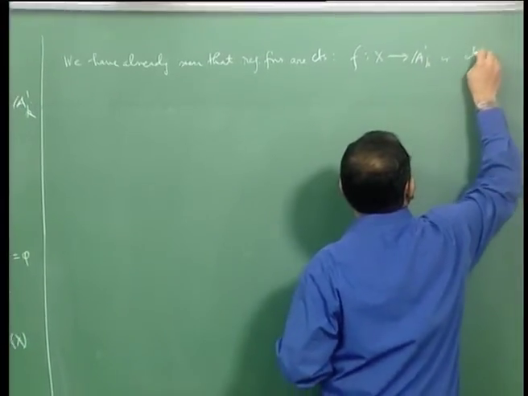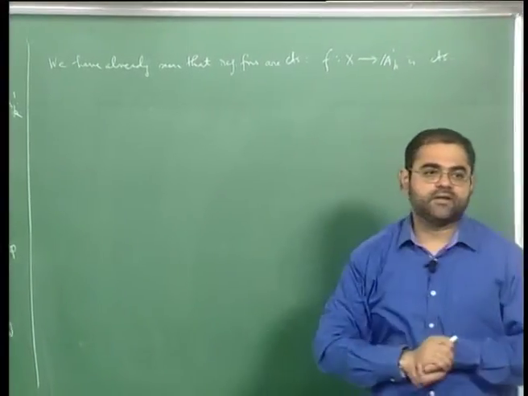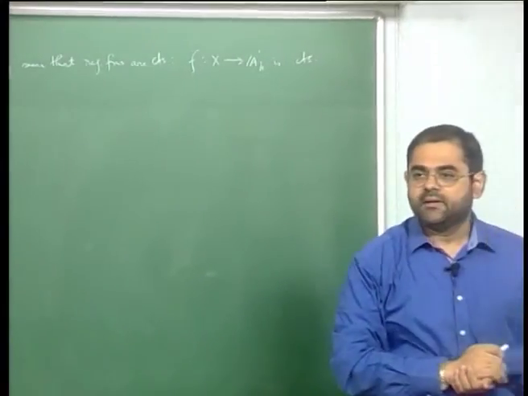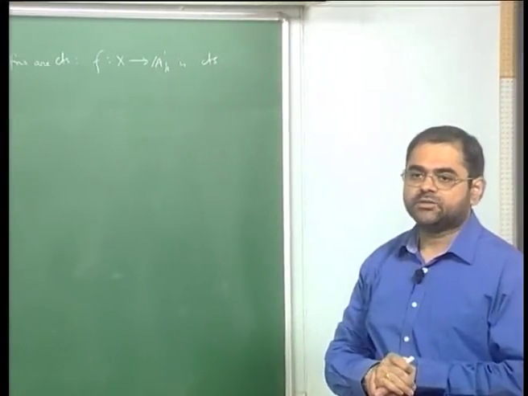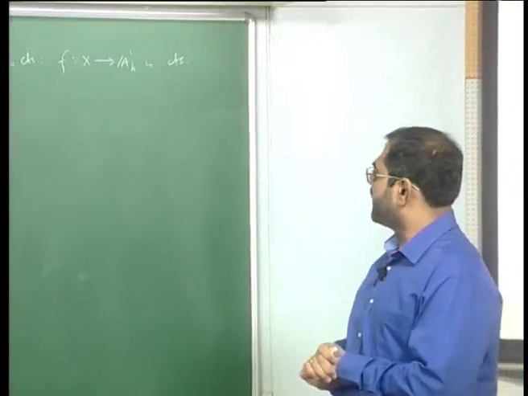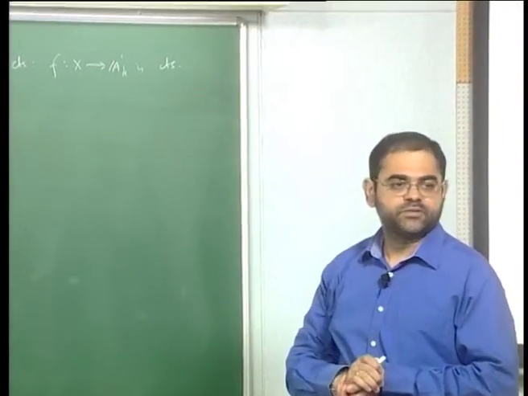So what are the two defining conditions for a morphism? It should be a continuous map, and then it should pull back regular functions to regular functions.